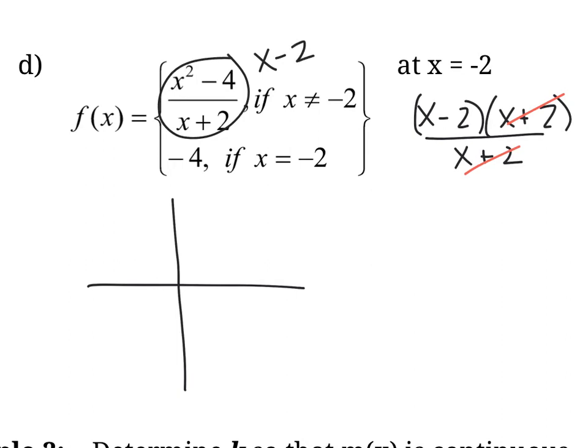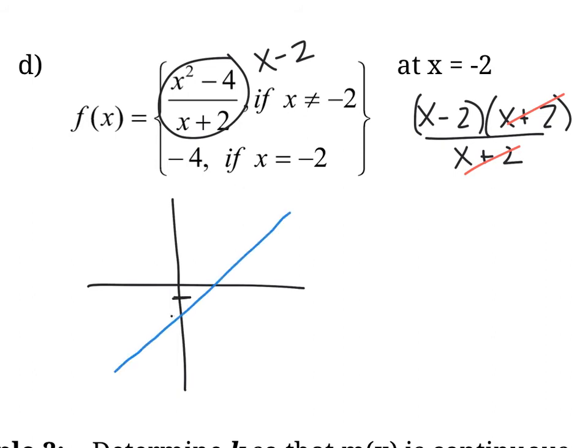And the condition there is that x cannot equal 2 because we would be dividing by 0, or negative 2, because that would be dividing by 0. But that condition is already given to us in the piecewise function, so we don't need to worry about that. So basically the graph of this thing is going to look like x minus 2, which is a line that has a y-intercept of negative 2. So I'm just going to draw it like that.